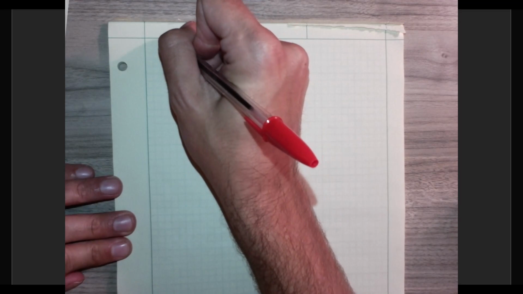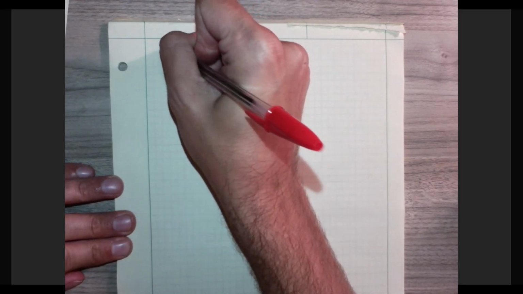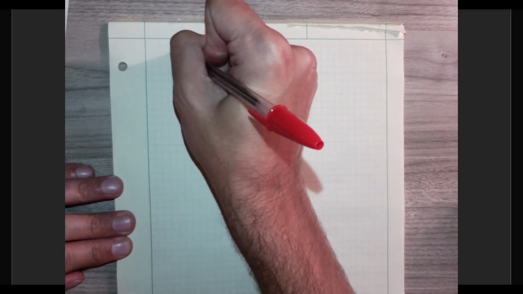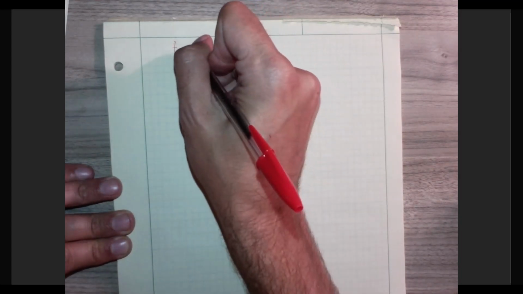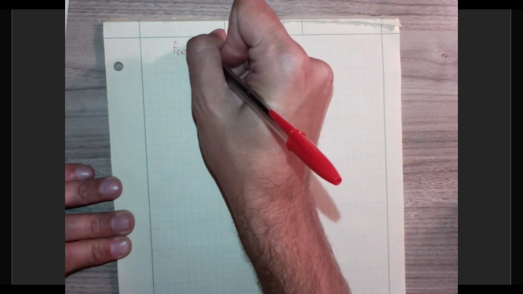First thing I'm going to write down is my function. So f of t, and this t here tells me that I'm in the time domain. This is a time domain function.